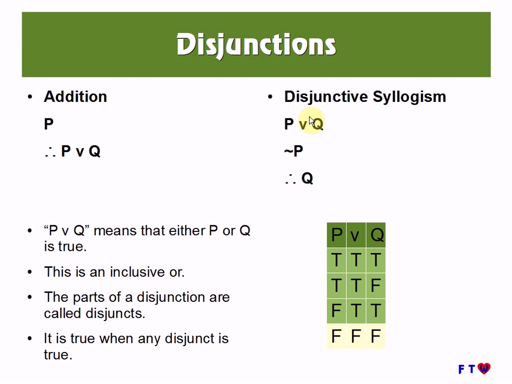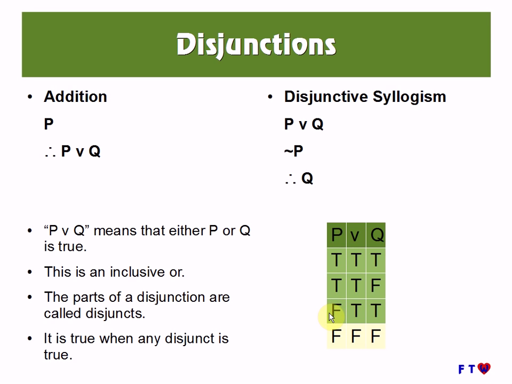Okay. Here we have a disjunctive syllogism. This begins with a disjunction as the first premise, and the next premise is the denial of one of the disjuncts in the disjunction. And so we infer the other disjunct. And if we look at the truth table for the disjunction, we see that P or Q is true in the first three instances, and P is false only here among these first three.